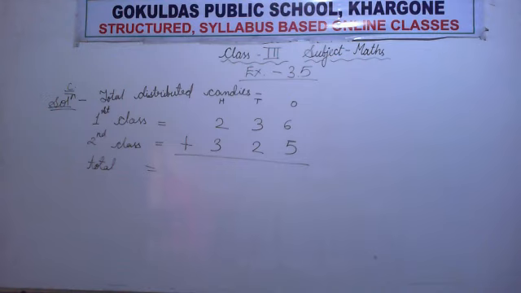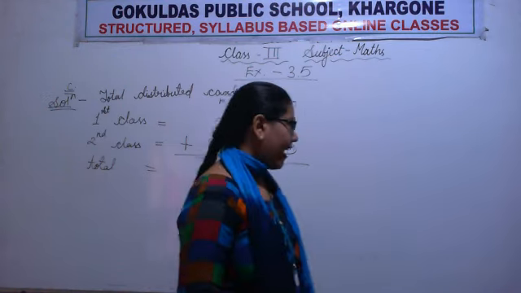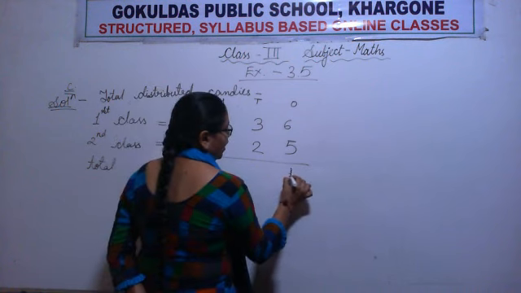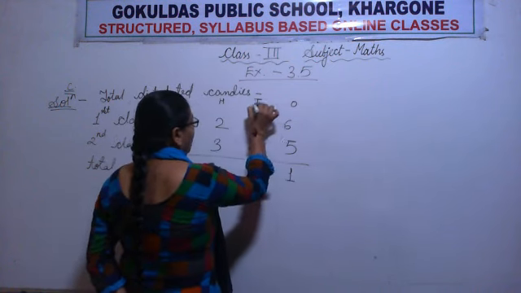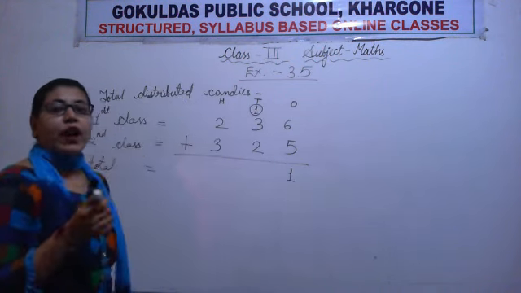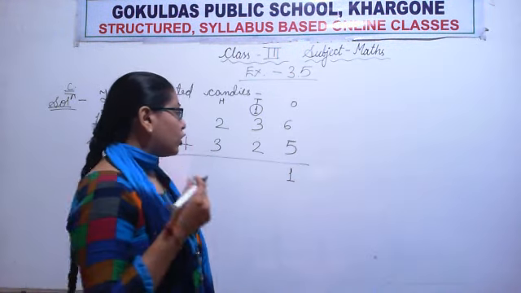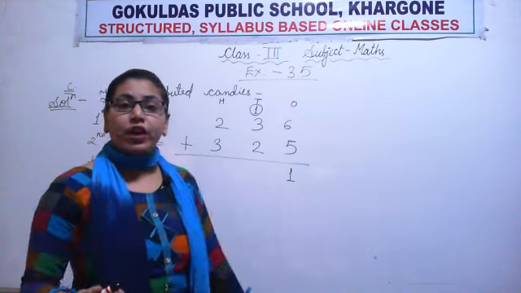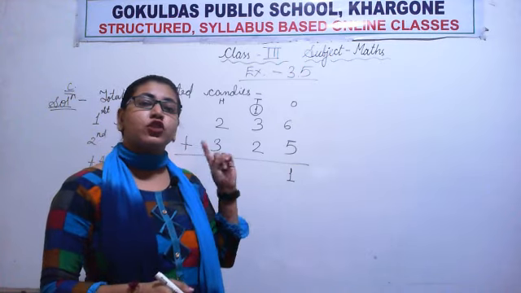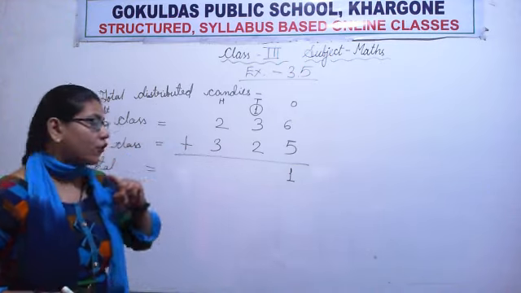Very good. 11 finger marks. So we will write 1 here and 1 in the form of carry here. If any of you have forgotten how to do addition with regrouping, you can rewatch those videos and learn from there. Okay.